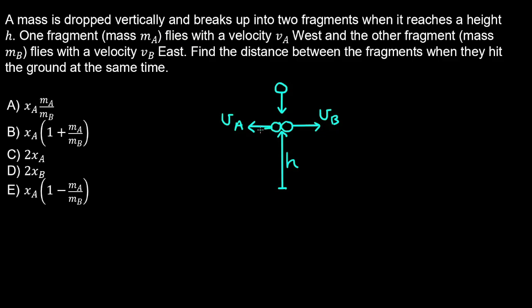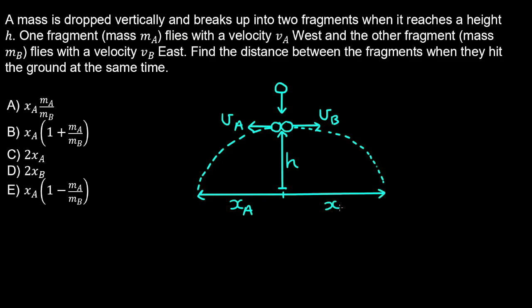So these fragments will undergo projectile motion and land at some distance x from the origin. So we'll take this as xa, and mass b lands at some distance xb from the origin.